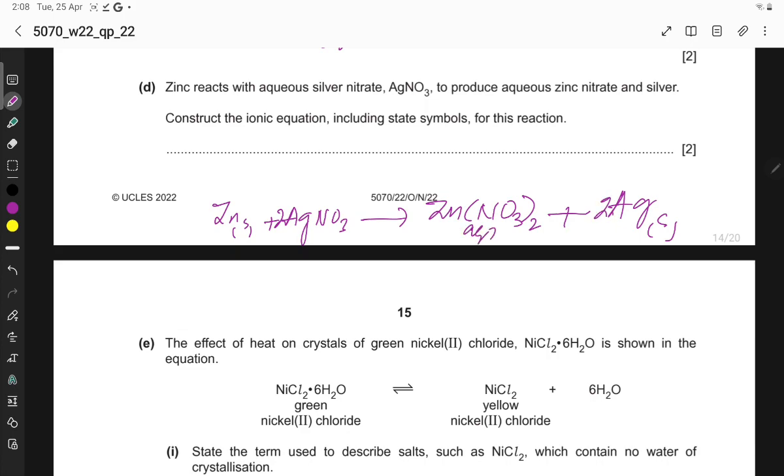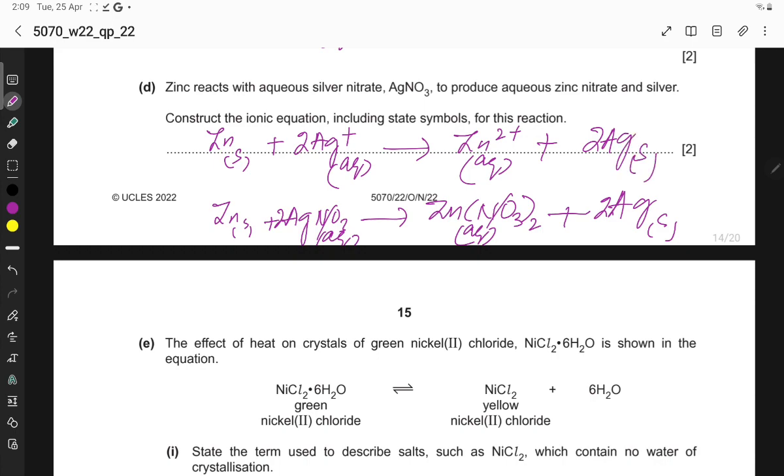The same aqueous ions are cancelled out and we get the ionic equation like this: zinc solid plus 2 Ag+ aqueous, nitrate cancelled out, to form Zn2+ aqueous plus 2 Ag solid.